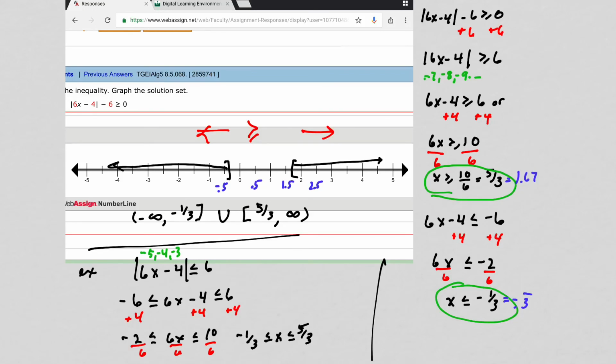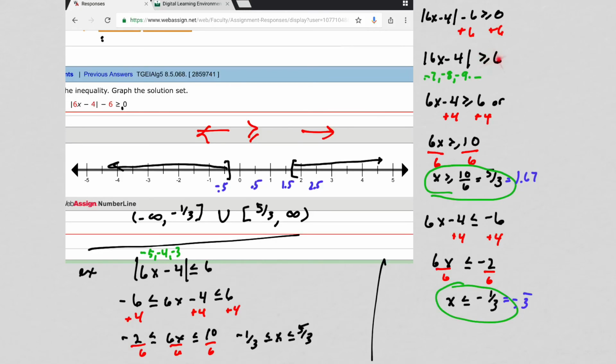So it all depends on the absolute value symbol. Which way does the inequality symbol point? Does the inequality symbol point at the absolute value, so the absolute value is smaller than 6? Or does the inequality symbol point at the 6 so that the absolute value is greater than 6?